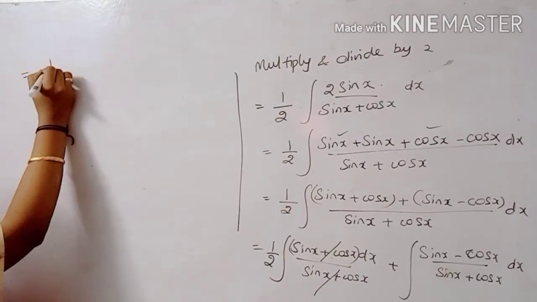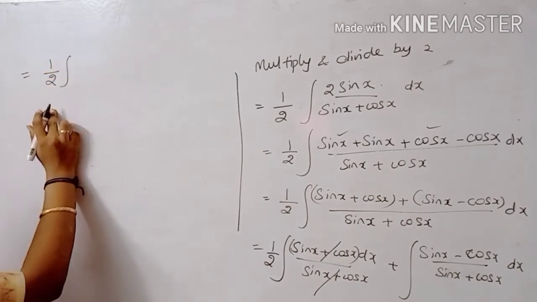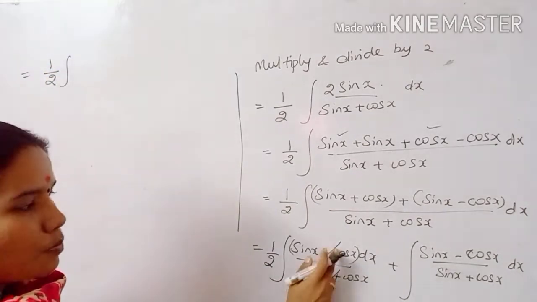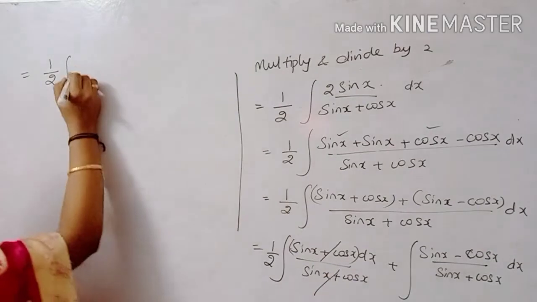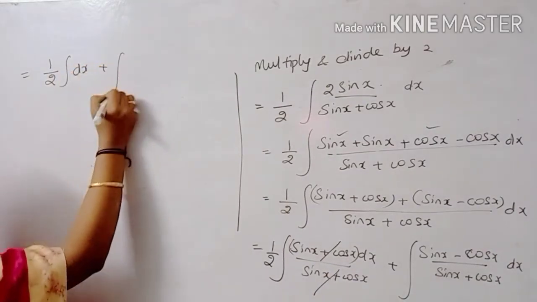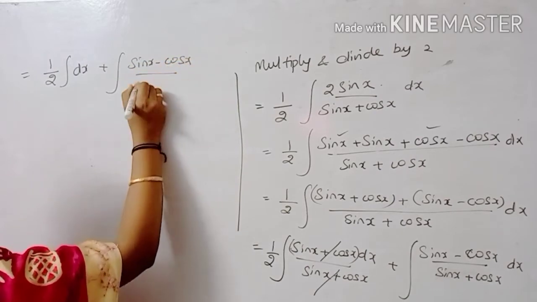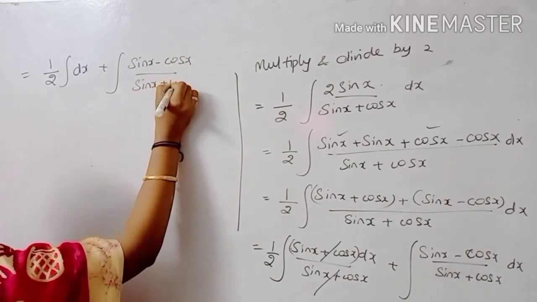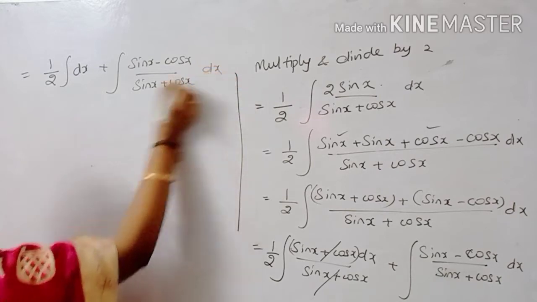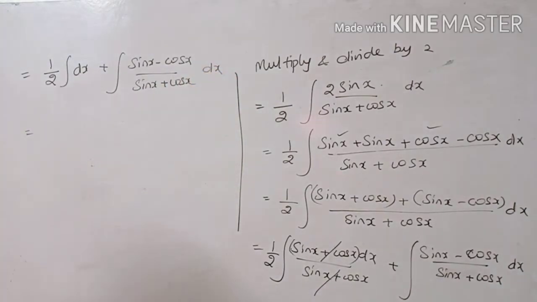So the remaining is integral 1 by 2, sin x plus cos x both are cancelled and we are left with only dx plus integral sin x minus cos x divided by sin x plus cos x into dx. So as we already said, integral and differentiation are opposite to each other, so we can easily cancel it off.